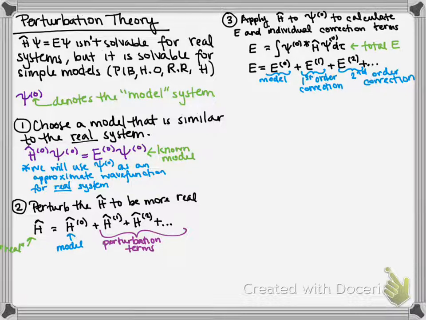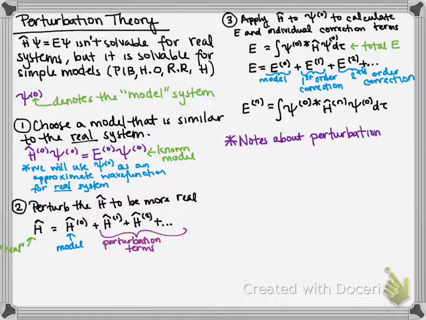E2 is our second order correction, and so on and so forth. And so if we just wanted to solve for some correction term, E to the n, we could integrate over all space the product of our complex conjugate wave function times our Hamiltonian, and here we're only going to take the n term of our Hamiltonian, so the nth perturbation term, acting on our model wave function.